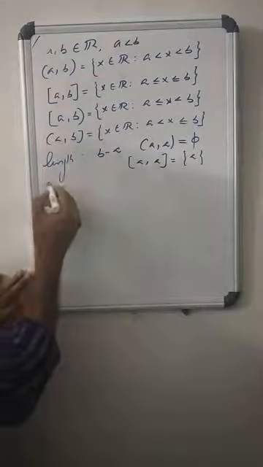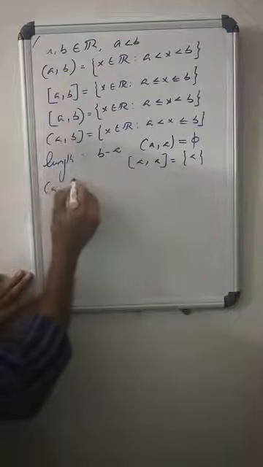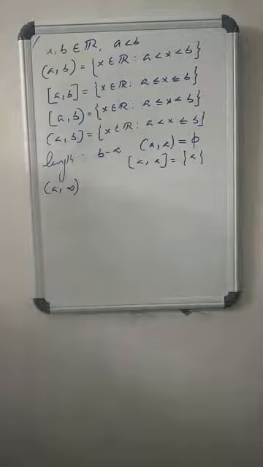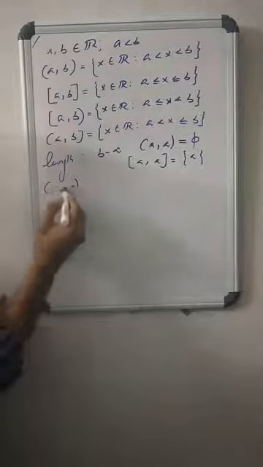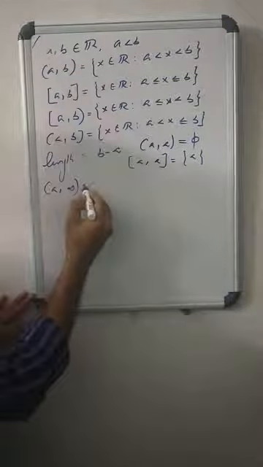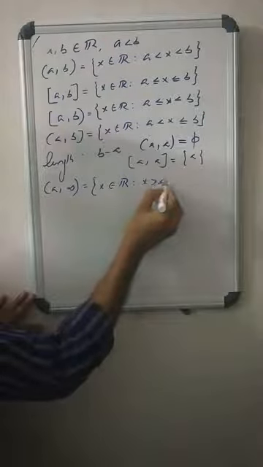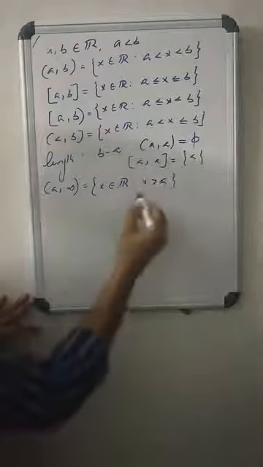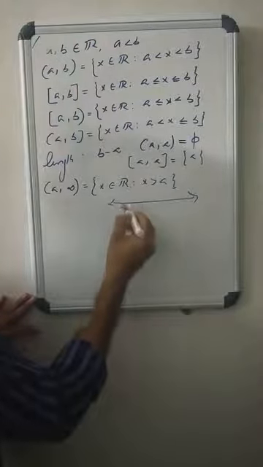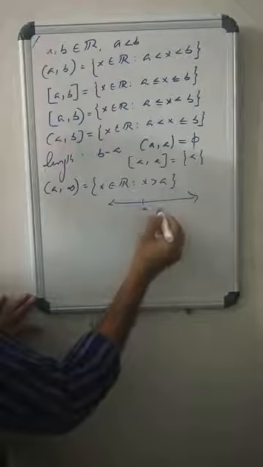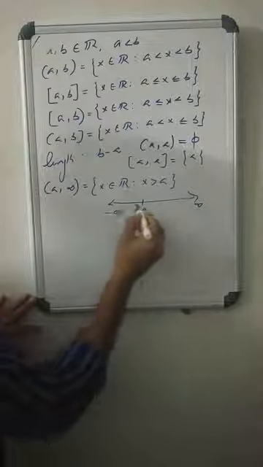Now, what about infinite open intervals? The open interval (A, ∞) has the right endpoint at infinity. It is the set of all x in R such that x > A. Here the endpoints may be plus infinity or minus infinity.